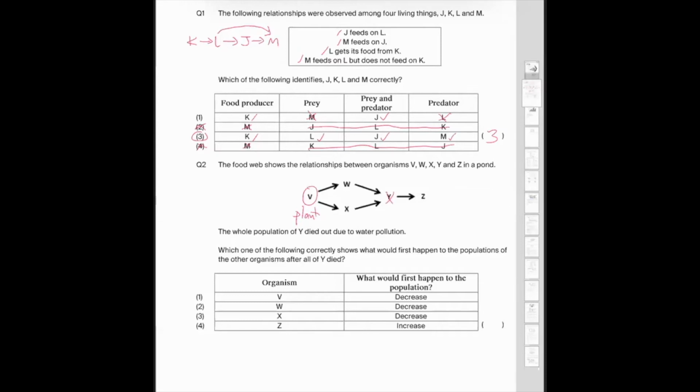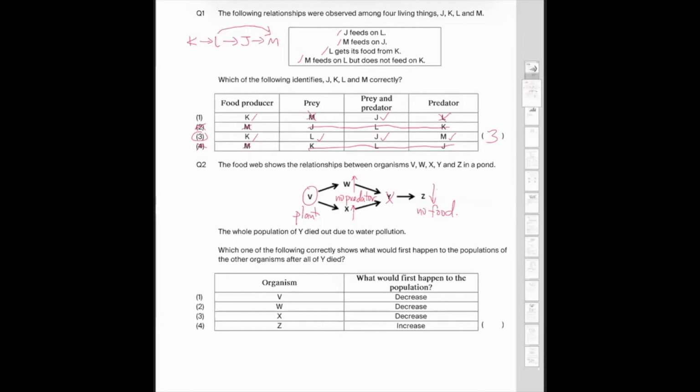So which one of the following shows what would first happen to the population? So Z will decrease because there is no food. But for W and X, it will increase because there is no predator. So you need to cross-check.